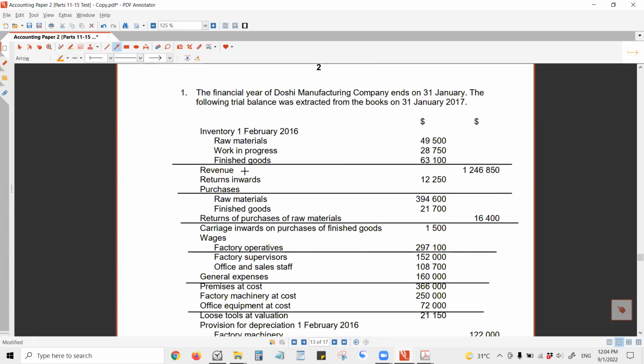For example, when you look at the revenue, you could have taken 63100. If you look at wages, you could have picked up maybe 1005. It's a very common mistake. Therefore, to avoid taking the wrong numbers, you form lines like this. That means you put the numbers into batches. It looks easier.